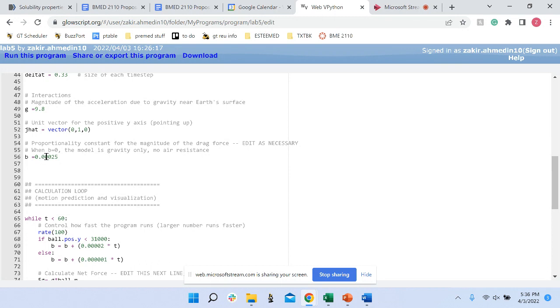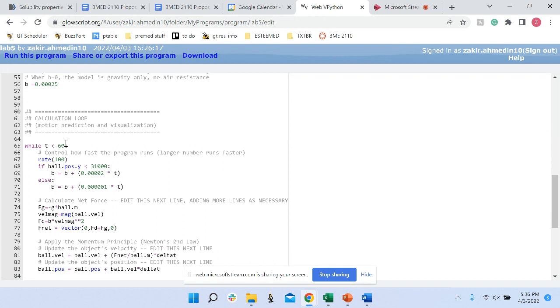The proportionality constant we have here is 0.00025. I did this over a 1 minute time interval, but I had an if statement here. If the ball position is less than roughly 30,000, I chose 31,000, then the proportionality constant actually doubles with each iteration.